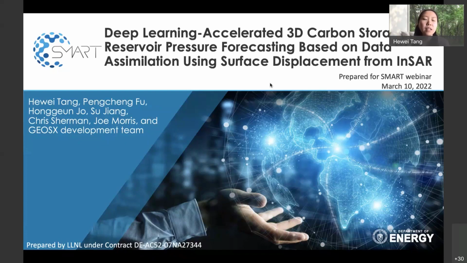Specifically, our team includes Peng Cheng, Chris, and Joe Morris, and we also hired two really brilliant interns last summer to help us with the work: Hongen from UT Austin and Sue from Stanford. And we also have support from our Geostatistical development team.